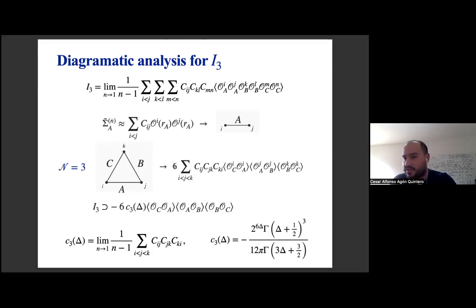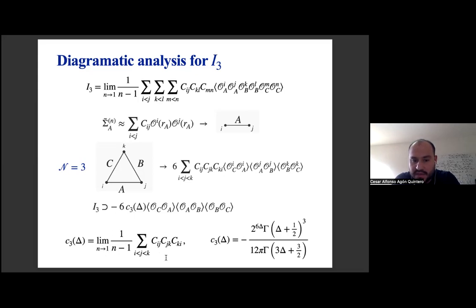So there will be symmetry factors in the same way as in standard Feynman diagrams. And this contribution will go like a product of 2-point functions, each 2-point function corresponding to each vertex. So simplifying this formula, it gets to this formula, where once again, the coefficient that appears here is just this, the coefficient that appears in the tripartite information.